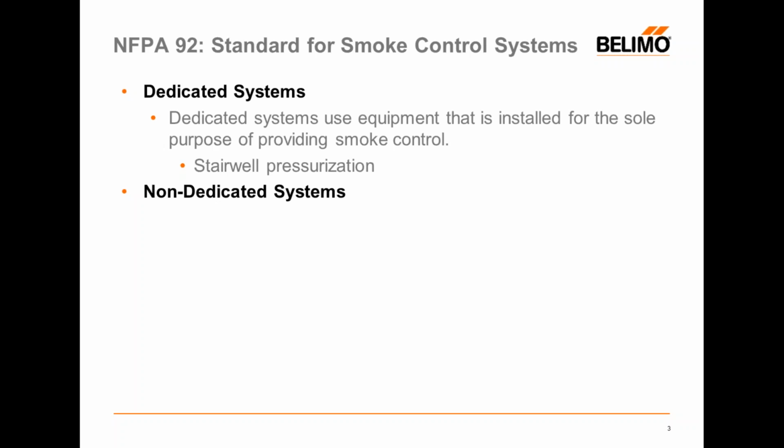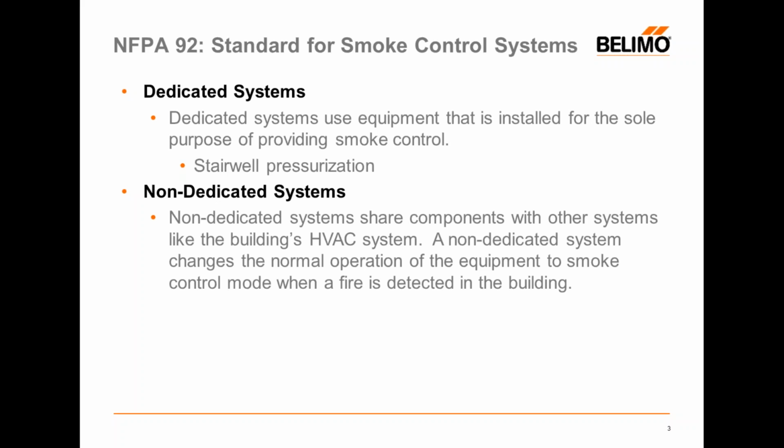And then we have the non-dedicated system. Basically, non-dedicated systems use components of other systems in the building. Specifically, the HVAC system is most common. And this changes from a normal, say, HVAC application to a smoke control mode when there's fire detected in the building.